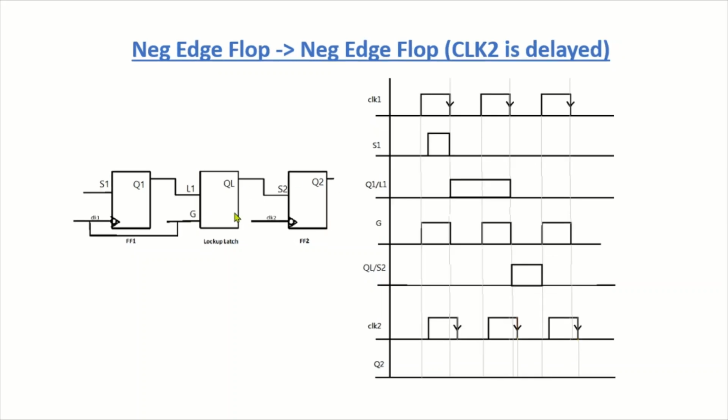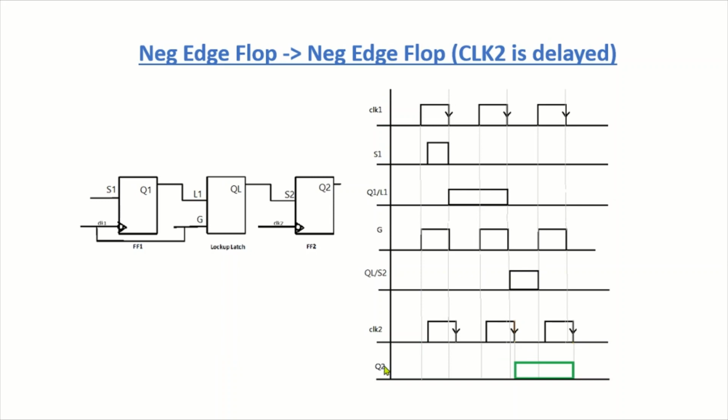Since the lockup latch provides the off-cycle delay, it chops the chunk of the output from Q1 and provides an off-cycle delay and propagates to QL. Here QL feeds the output to S2 and it samples the data at clock 2. And Q2 will get the clean signal as output without the loss of data from S1.